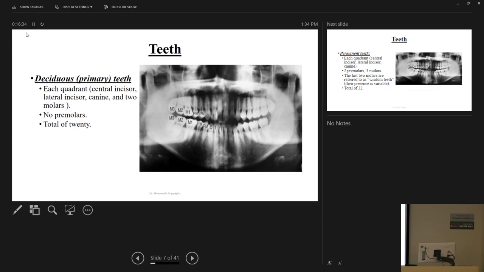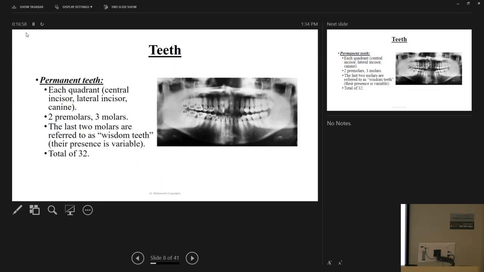And when it comes to molars, they have only 2 molars. So if you count, per quadrant you have 1, 2, 3, and then 4 and 5. So 5 teeth per quadrant gives a total of 20 teeth as the deciduous or primary teeth.